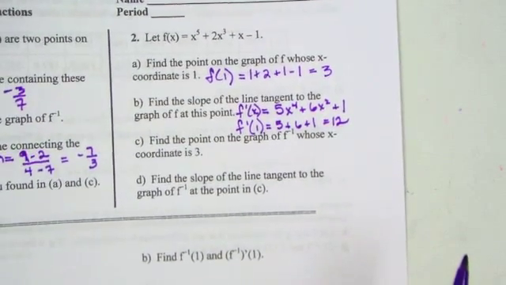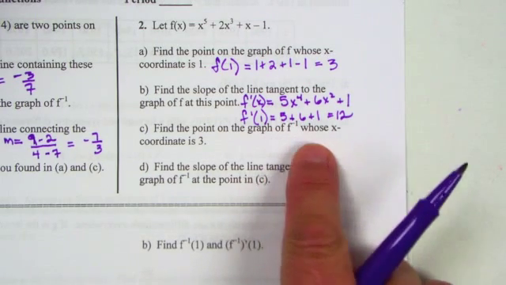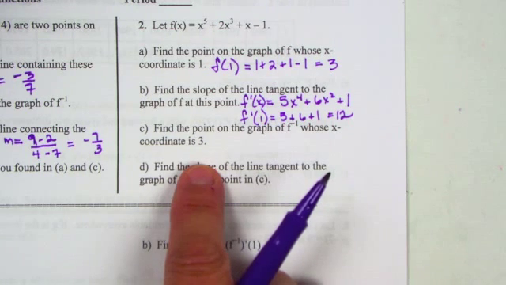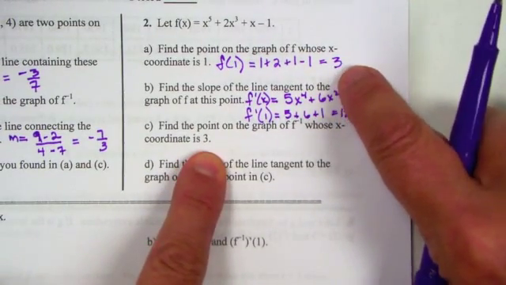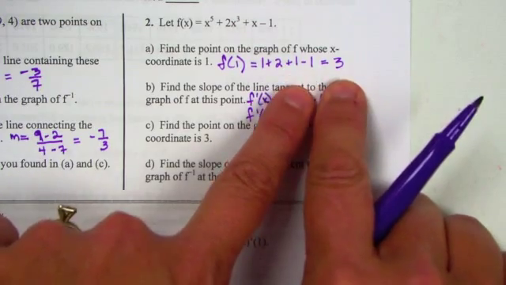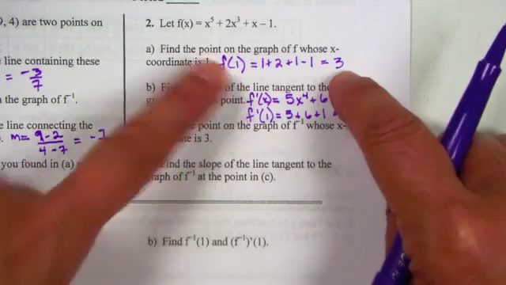Find the point on the graph of the inverse of f whose x-coordinate is 3. 1, right? Because this is the inverse. If the inverse has an x-coordinate of 3, then its y-coordinate is 1.